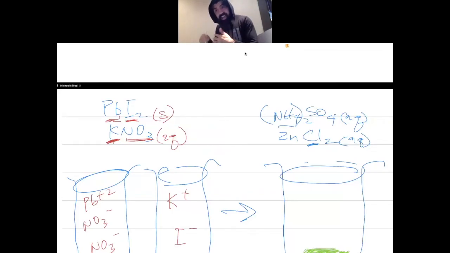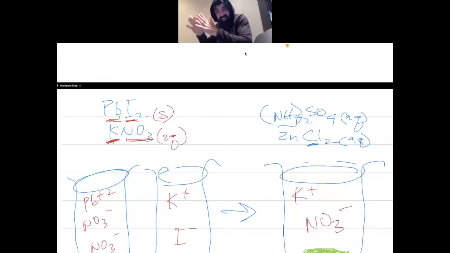And what we have in the water is a bunch of K ions and NO3 ions. So notice, we've got ions in our initial two beakers for our reactants, and in the products, the end result is a bunch of ions that have not chemically reacted together.